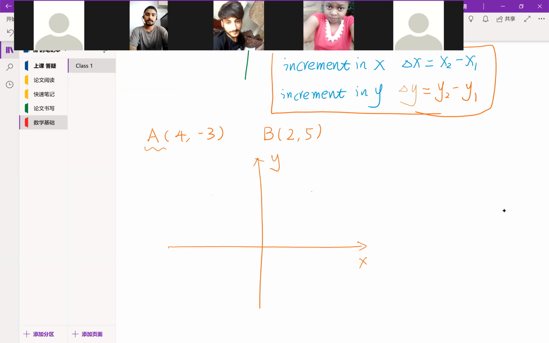The fourth quadrant, right? Yes. If this is 1, 2, 3, 4, and this is -1, -2, -3, then this intersection will be the point A, right? This is the point A.